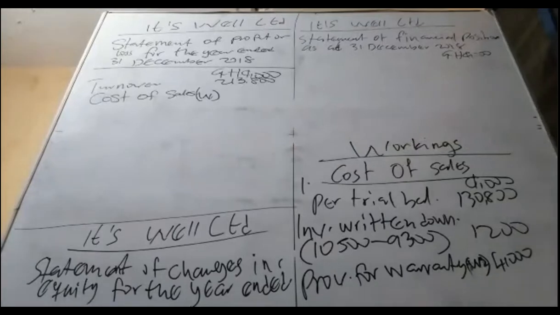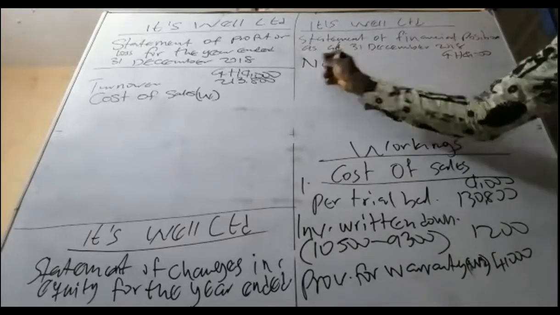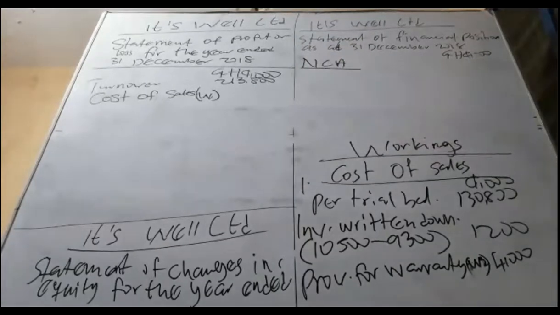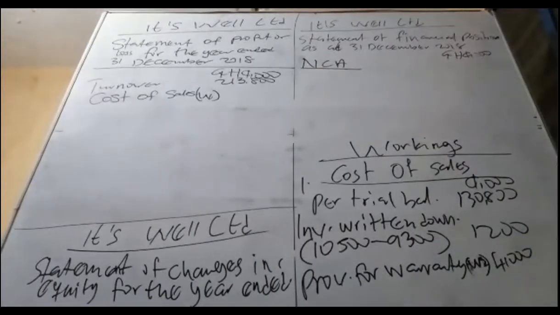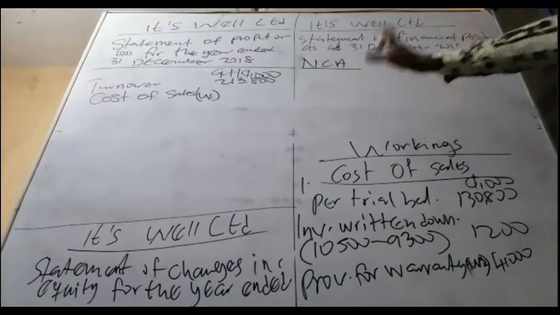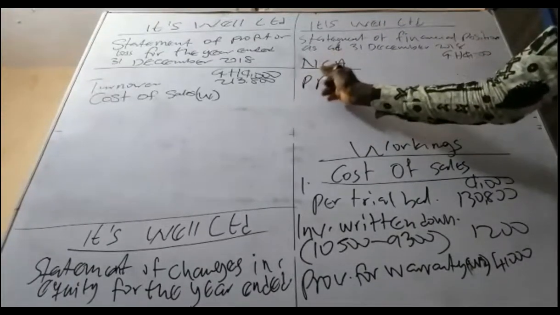So kindly go to your financial position, then record non-current assets, underline it. In fact, over there, you can even create a section because there are about 4 items that will go there. Only 4. One, PPE, that one is a must.